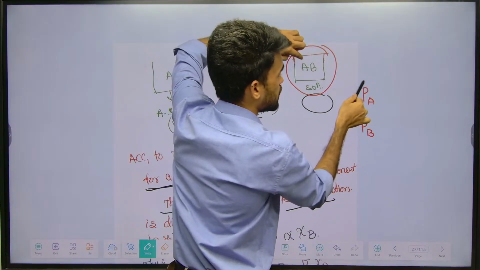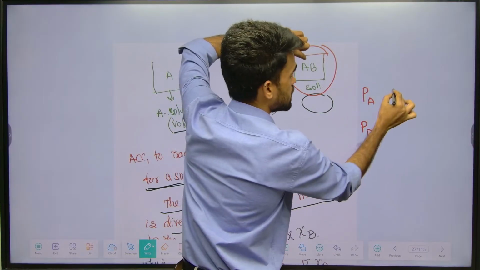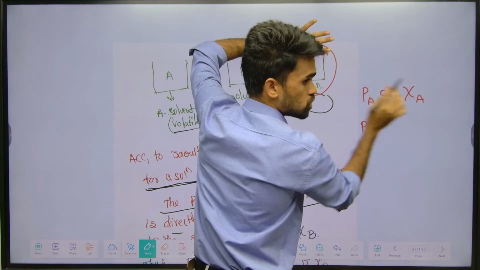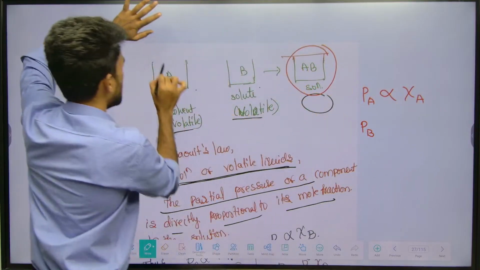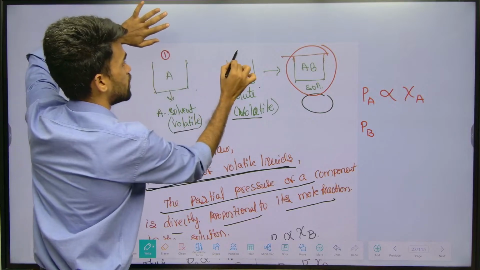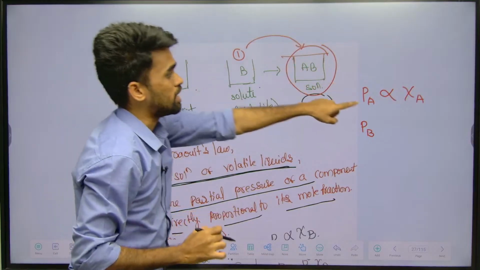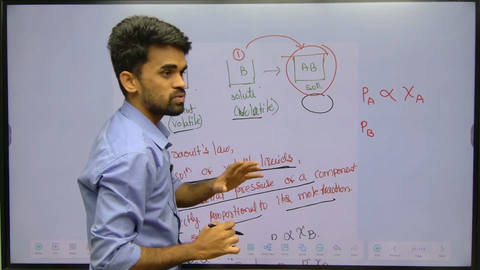So the vapor pressure of A is directly proportional to its mole fraction in the solution. It means, let us say I am adding 1 mole of A, 1 mole of B to make this solution.